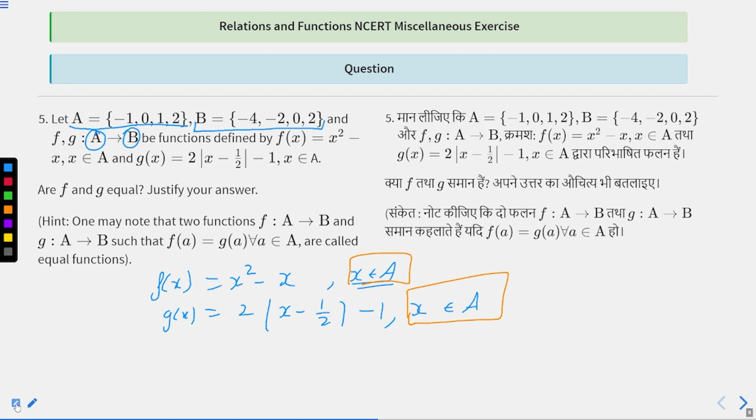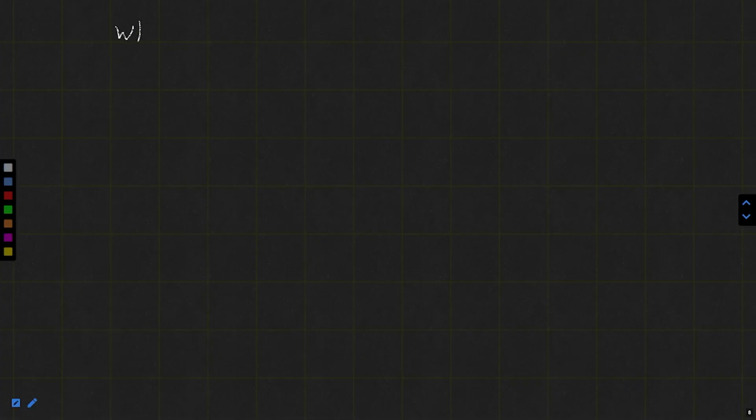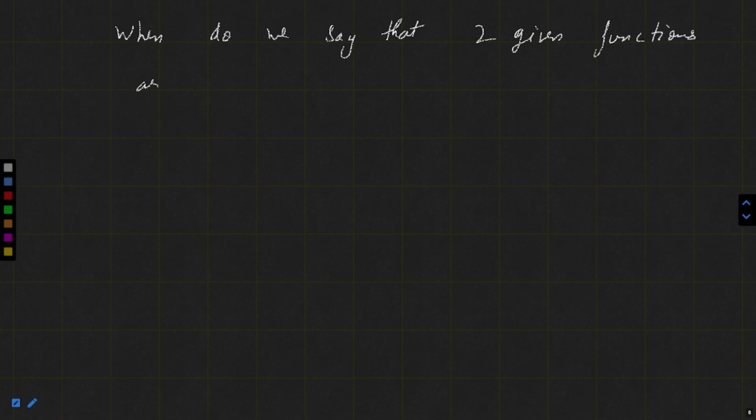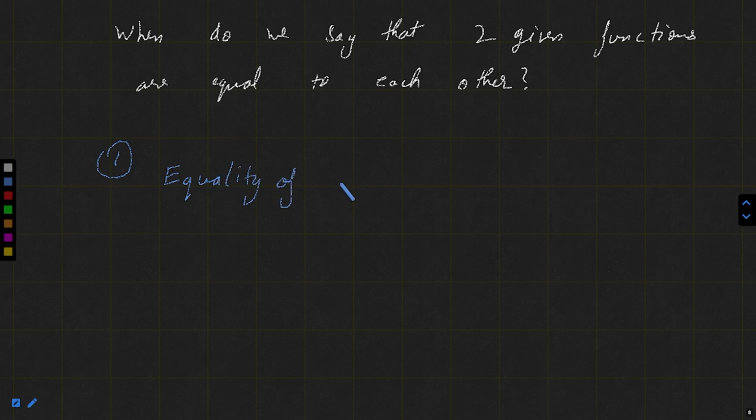So when do we say that two given functions are equal to each other? First, equality of relation. What does it mean?